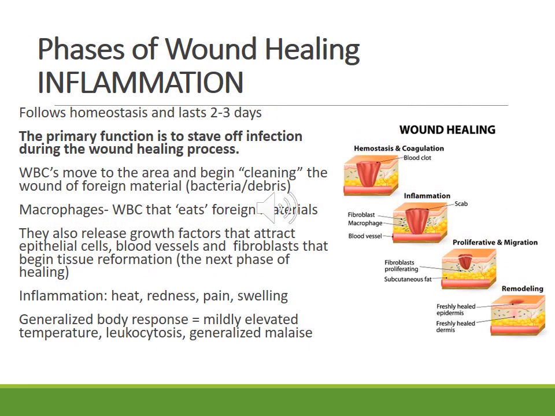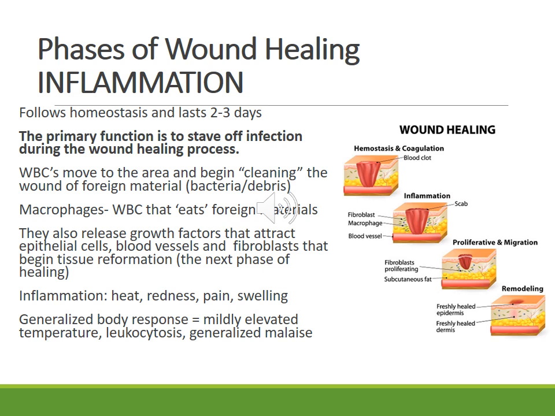As we go into the second stage, the inflammation, that second picture here on your right, this will follow that initial homeostasis phase. It may last anywhere from 2 to 3 days. Again, if we get stuck in this phase, which you will see with possibly chronic wounds, we've got some problems going on. But the primary function of this phase is to stave off infection during the wound healing process.